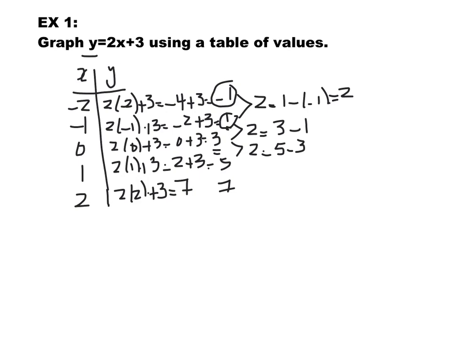Now I have the pairs -2 and -1, -1 and 1, 0 and 3, 1 and 5, 2 and 7. So I can plot it. To do that, I just draw the x and y coordinate system here. x here, y here, and then I divide the x-axis into equal parts.